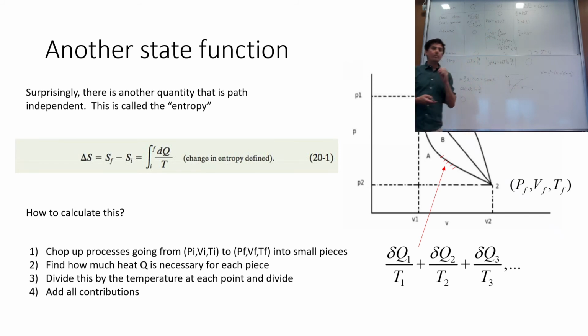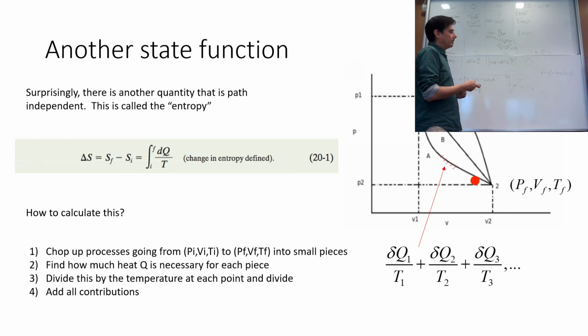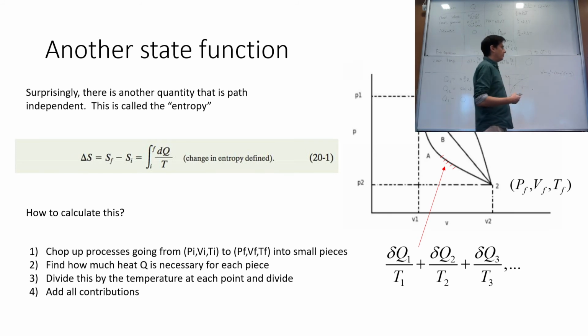The form of this thing is a bit weird. It looks something like this: the integral of dQ over T. This is basically our first definition of entropy, okay?